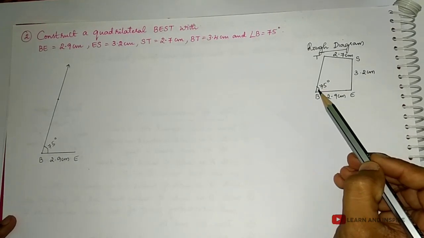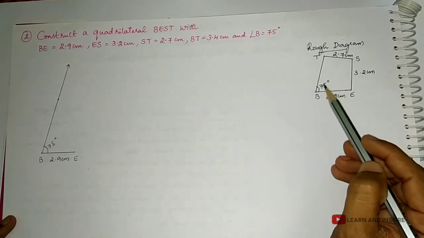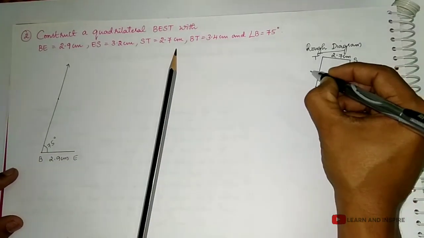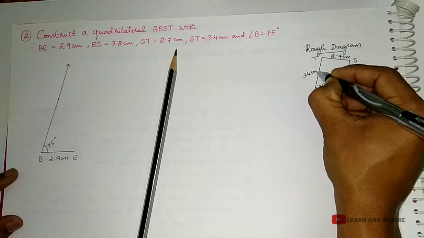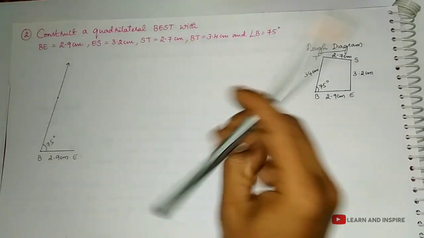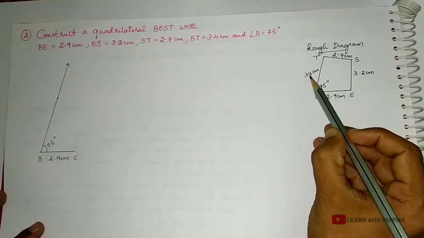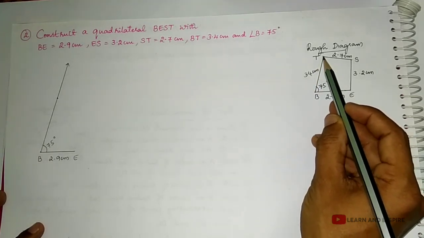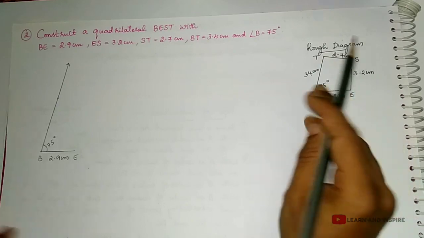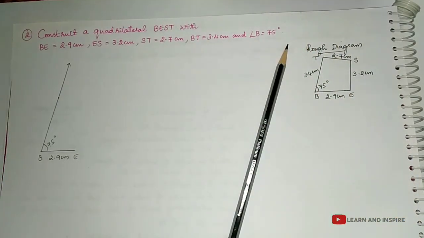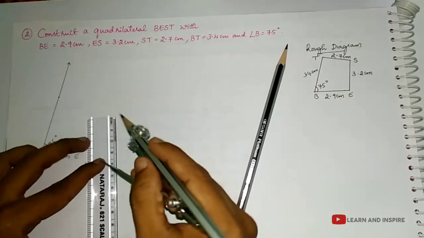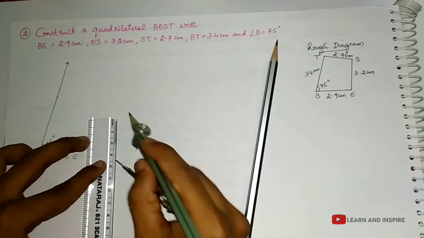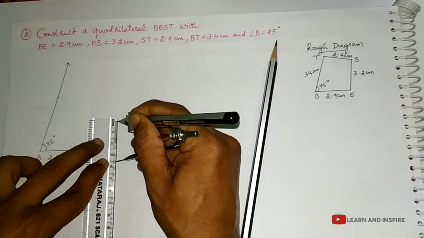Now what is step 3? With B as center, I write here one more measurement, that is BT 3.4 centimeters. Now with B as center of radius 3.4 centimeters, we can draw an arc and we name it as T. So here is 3.5 and we take 3.4.